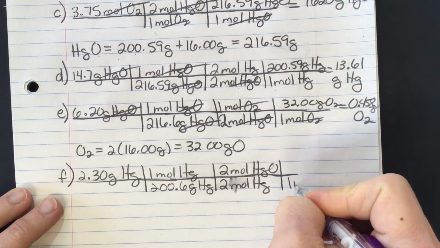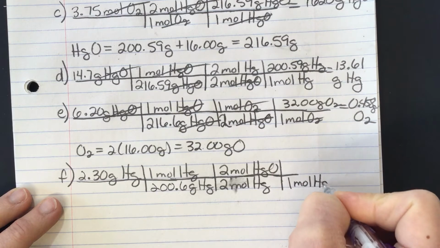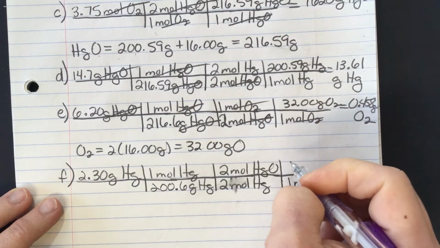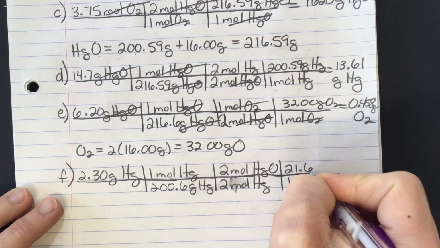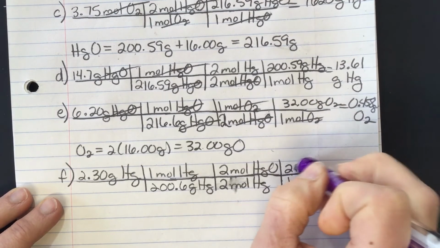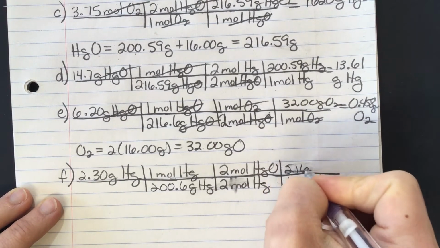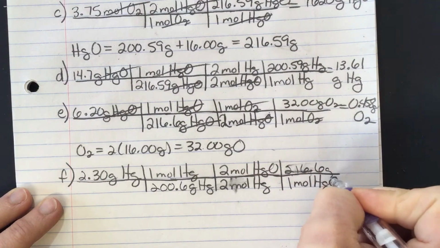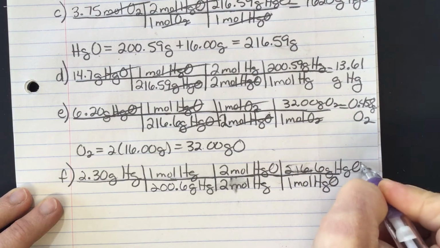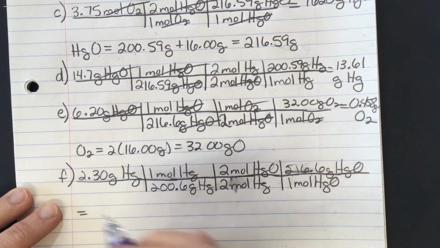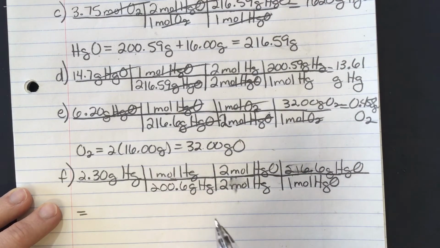And 1 mole HgO has a molar mass of 216.6 grams of HgO, and we calculated that earlier.